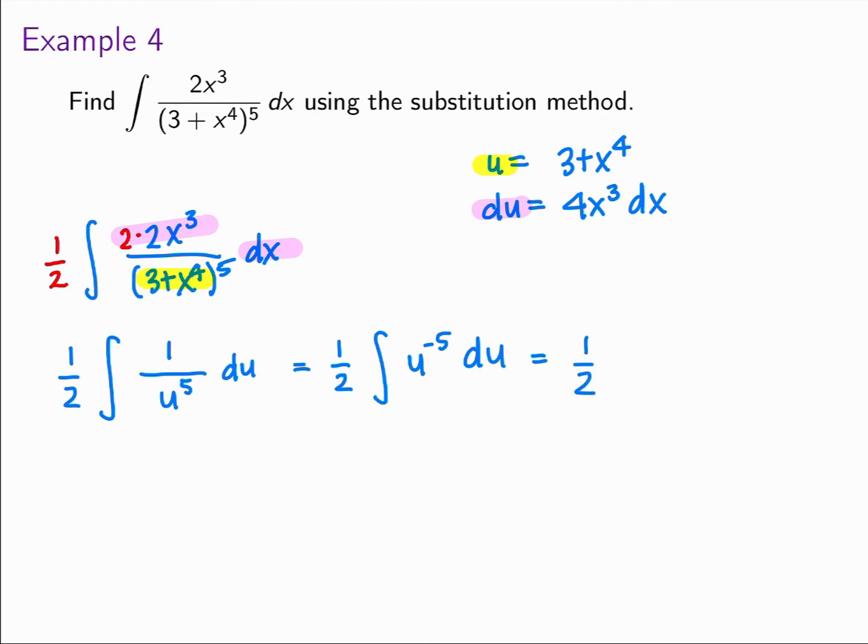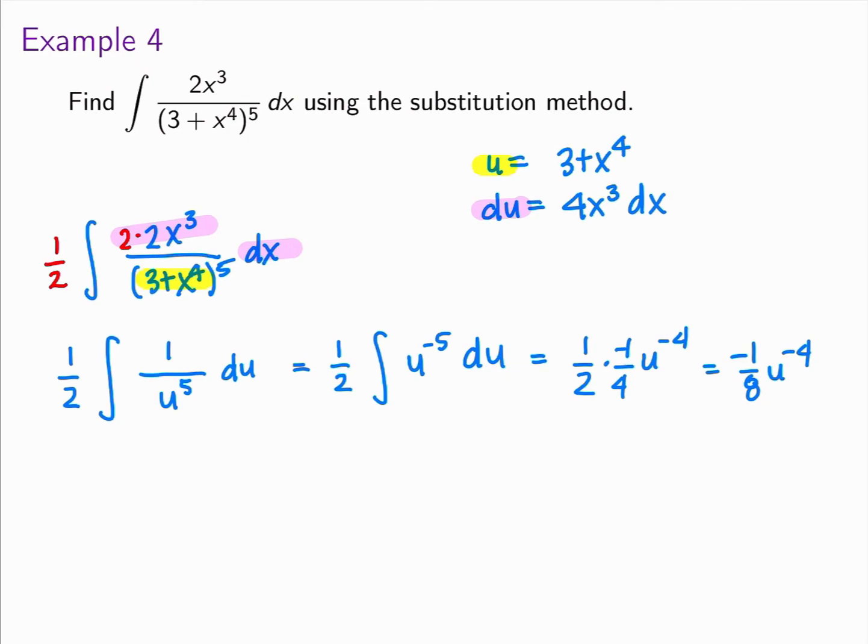u to the 5th, or u to the negative 5, I need to add 1, so I'll get u to the negative 4, and then divide by negative 4, so multiply by a negative 1/4. And then I'll end up with negative 1/8 u to the negative 4th.